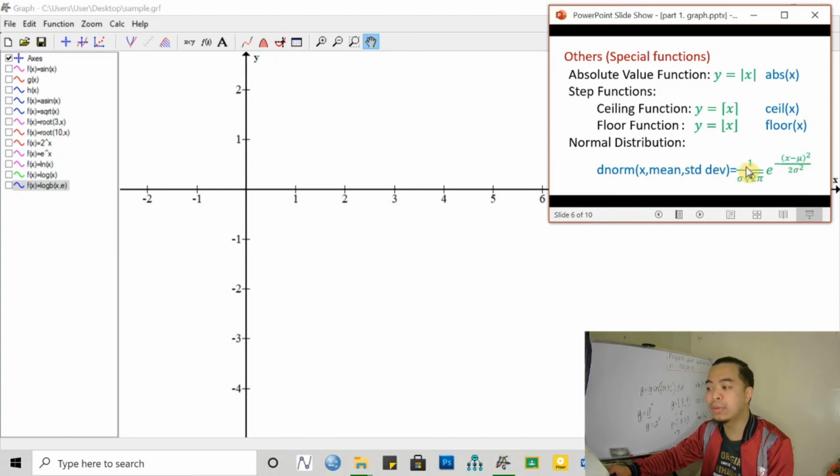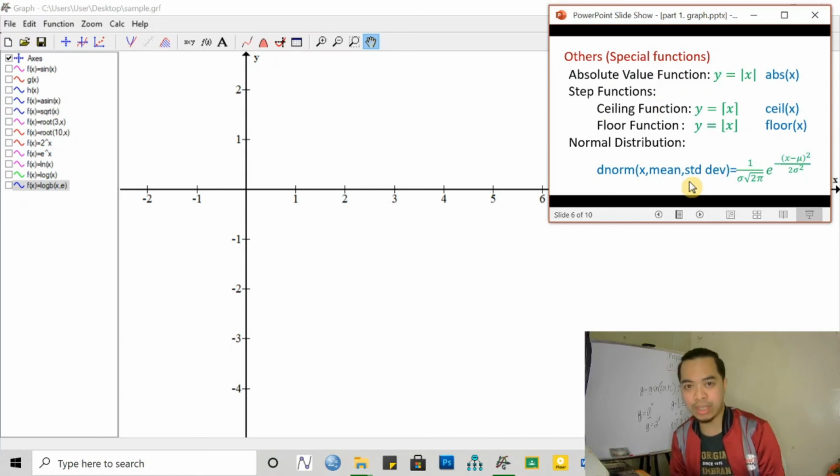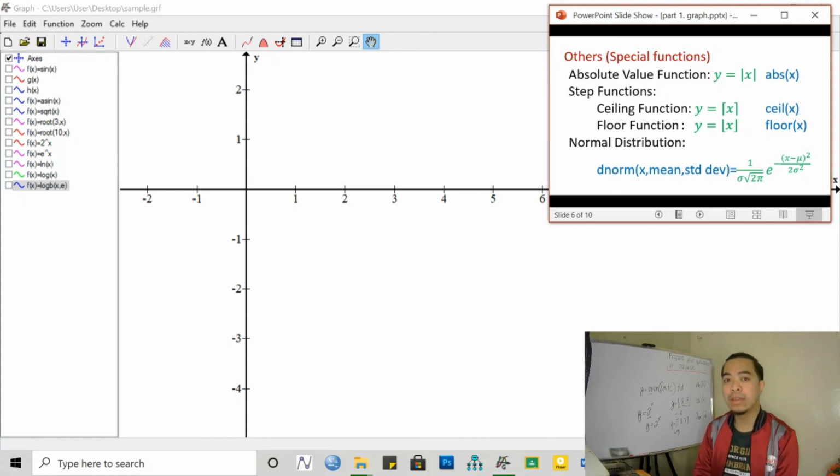But we do not have to input this equation because we have a shortcut in our graph calculator. We simply have to encode dnorm, which means normal distribution. The parameters that we need are x, the mean for our normal distribution, and the standard deviation. For a standard normal distribution, just a recall, the mean is set to 0 and the standard deviation is set to 1.